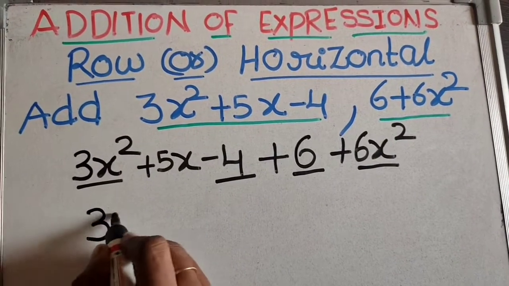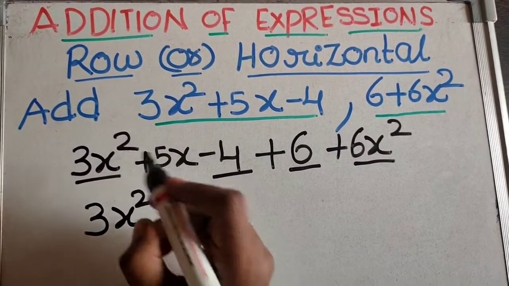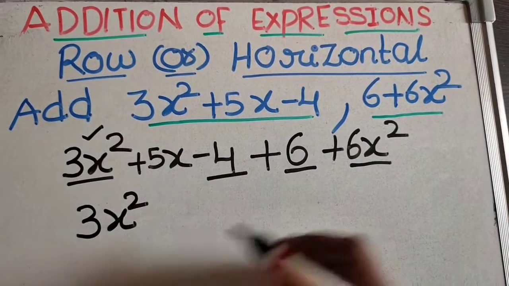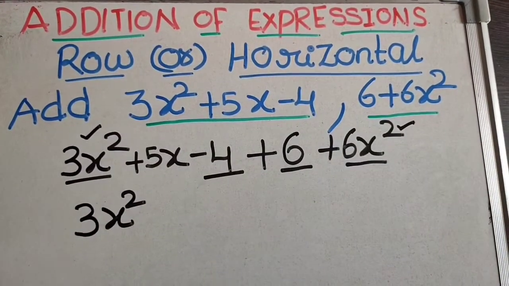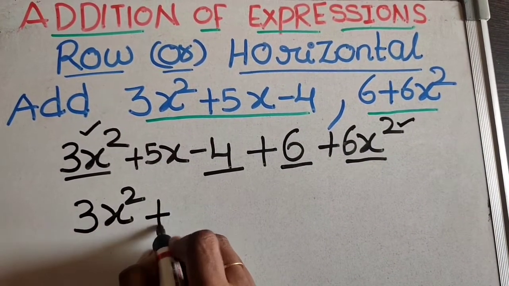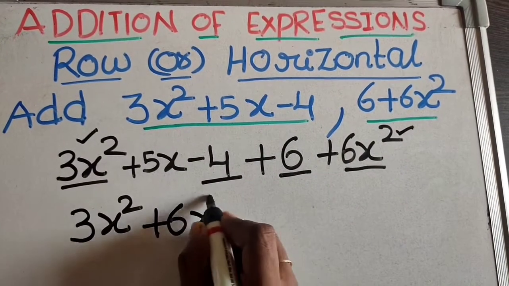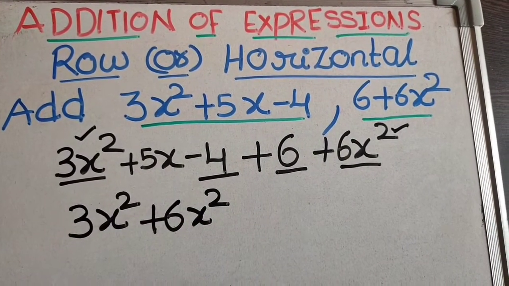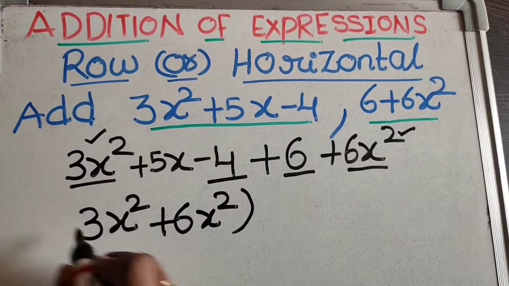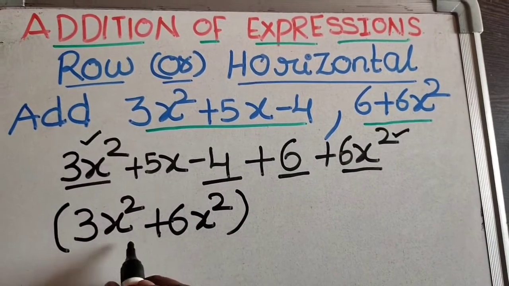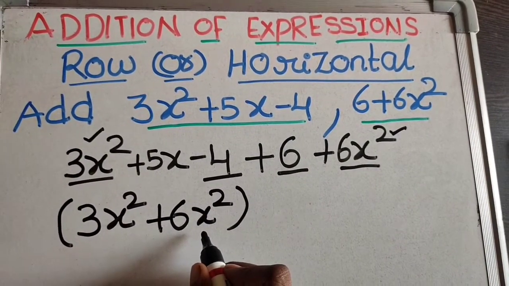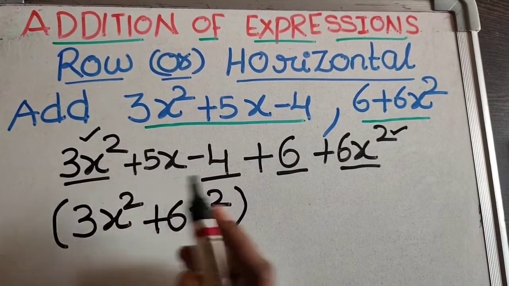Now start writing the x square terms. 3x square plus 6x square. Now the x square terms are completed. Skip a bracket because it represents that these are x square terms. Now what is the next term?